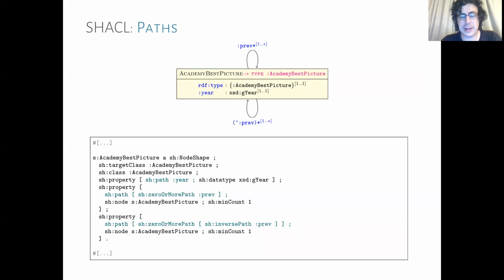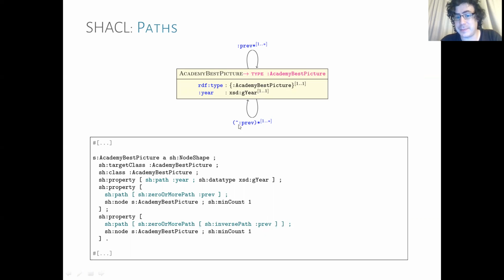Okay, so another example, we would expect if we have this previous award edge, that the previous awards for Academy Best Pictures are themselves Academy Best Pictures, and so on recursively. So this means a recursive path of zero or many.